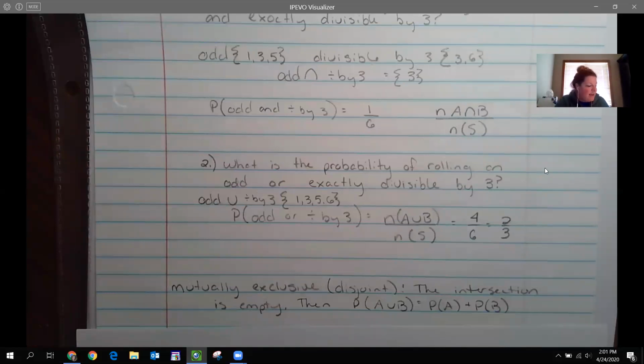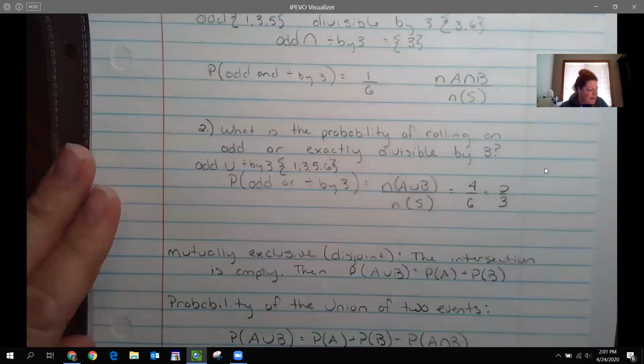Okay, so if they are totally different from each other, then for your or, your union, you can just take one plus the other. That's as long as there's none in common. So we can add with or, which we've done before. The issue is if one affects the other, then this doesn't work.